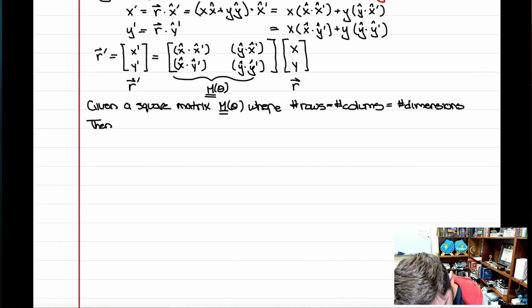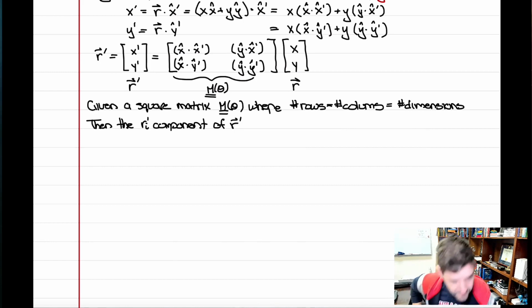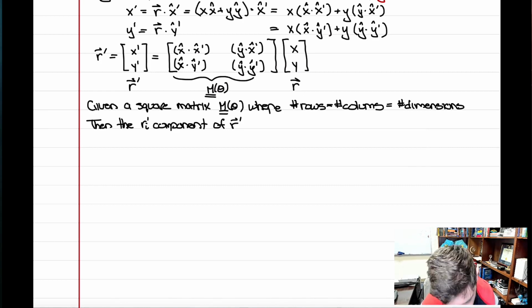Then if I want to write this down mathematically, the r sub i component of the new vector, I will even put a dash for this component. All right, so x dash might be r sub 1. Y dash might be r sub 2. Right? This might be the first component. This might be the second component, with the subscript 1, subscript 2.